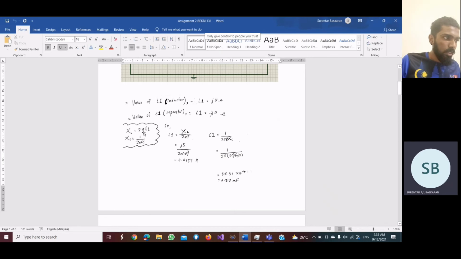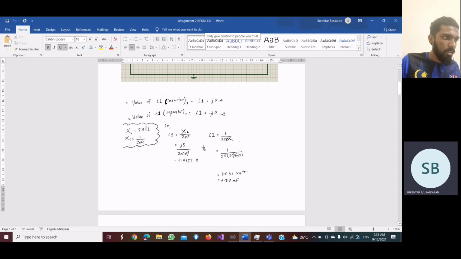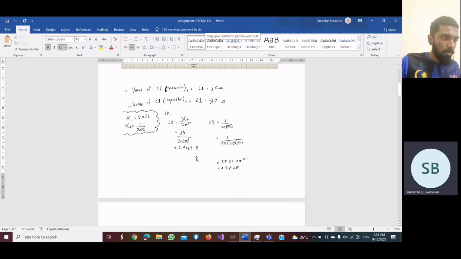We convert these equations and substitute the given values into the formulas to get the values for L1 and C1.